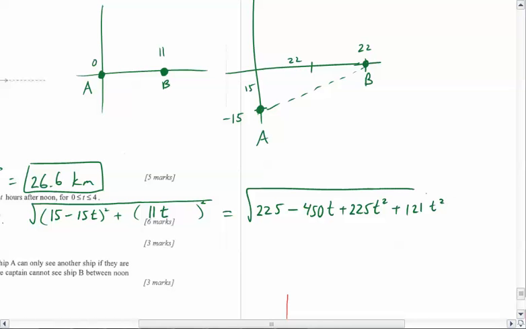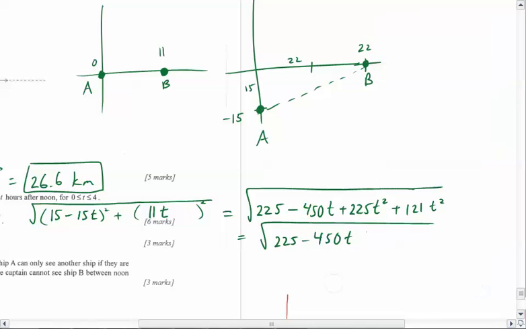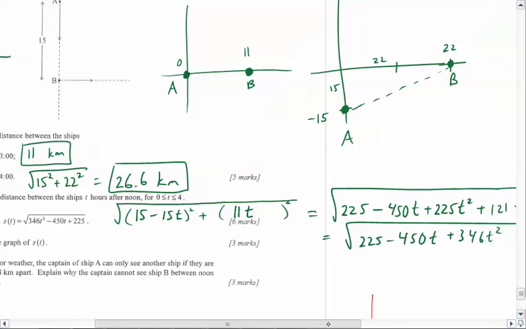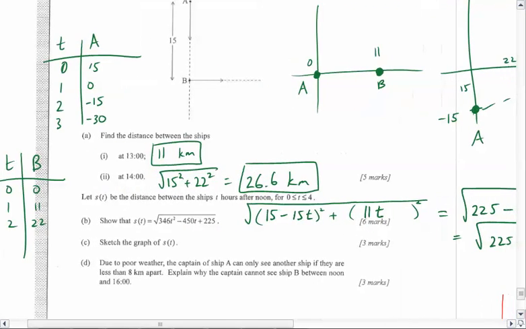So now I combine my like terms. So 225 and 121 is 346. So hopefully that's what they have. 346, 450, 225. Yay! So sketch a graph of that.